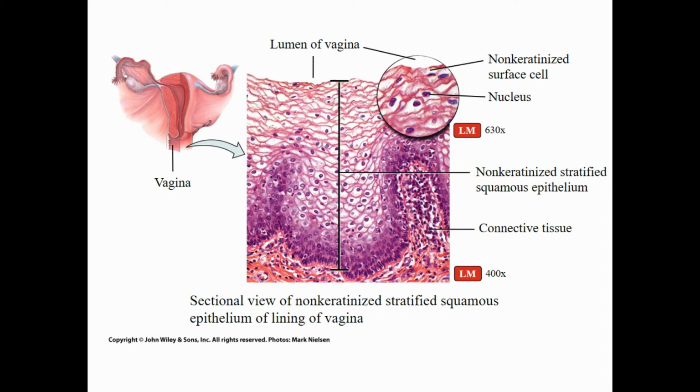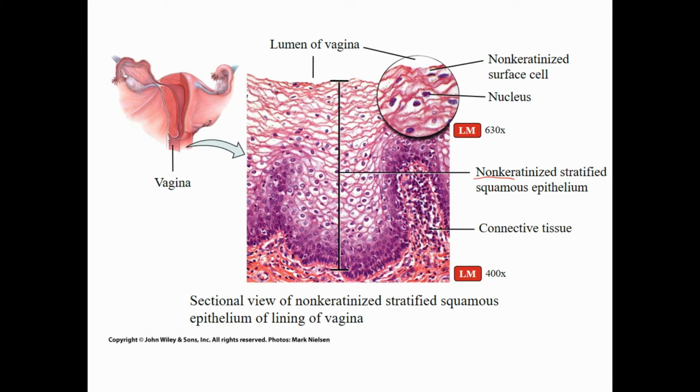All right, moving on, we see this is one of the differences between stratified squamous of your skin and other areas of the body. This is nonkeratinized, meaning it doesn't contain keratin. Keratin is the waterproofing agent of your skin and is ultimately what causes the outer layer of your skin cells to die.